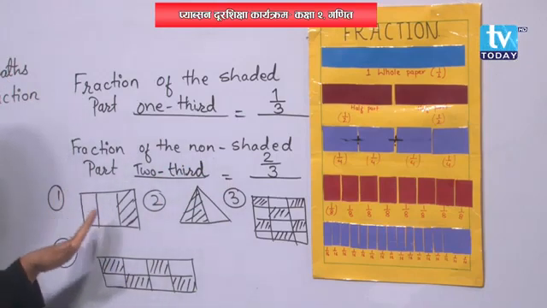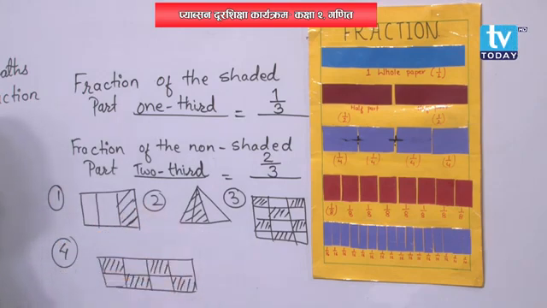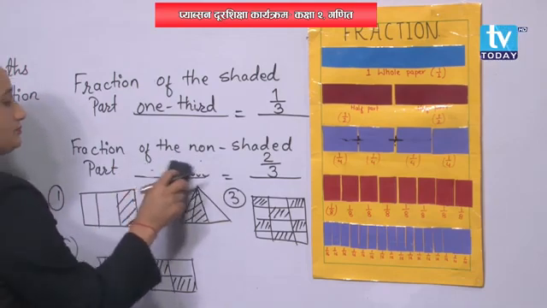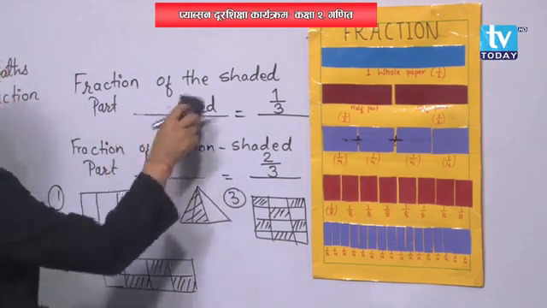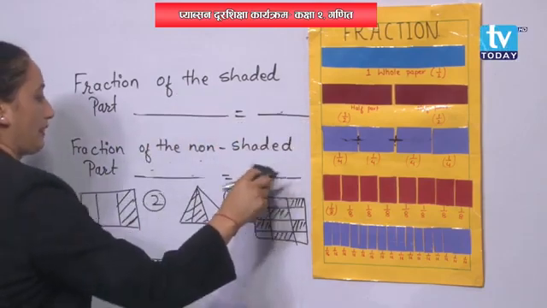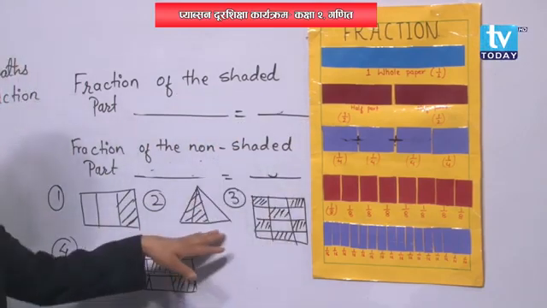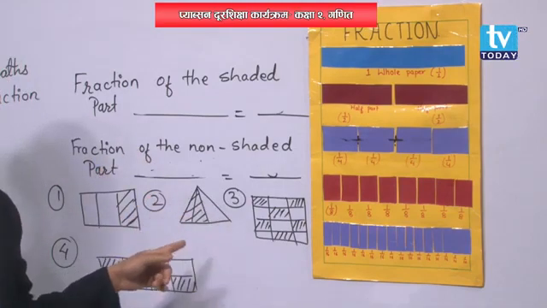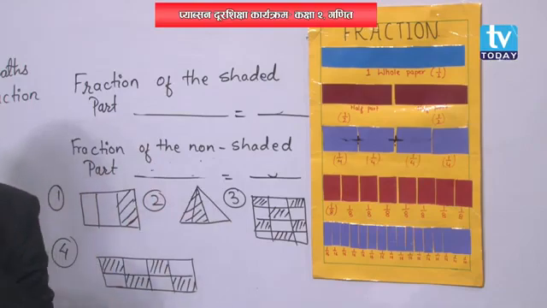Same like this. Have a look at picture number 2. Can you guess what the answers will be over here? In picture number 2, once again, count the number of parts. Altogether 3 parts. How many parts are shaded? 2 parts, right?